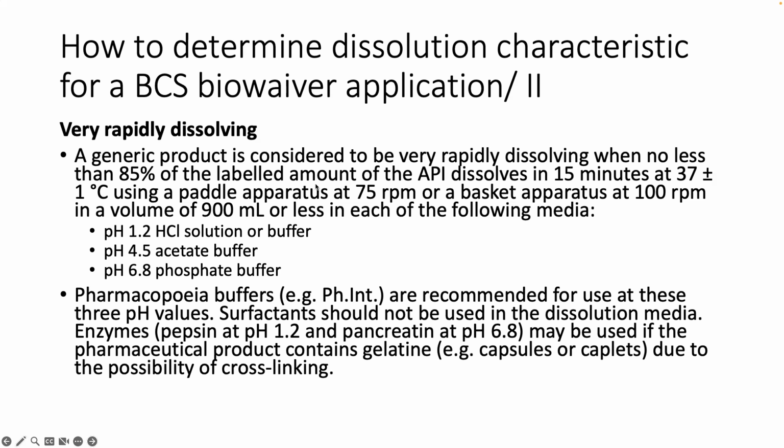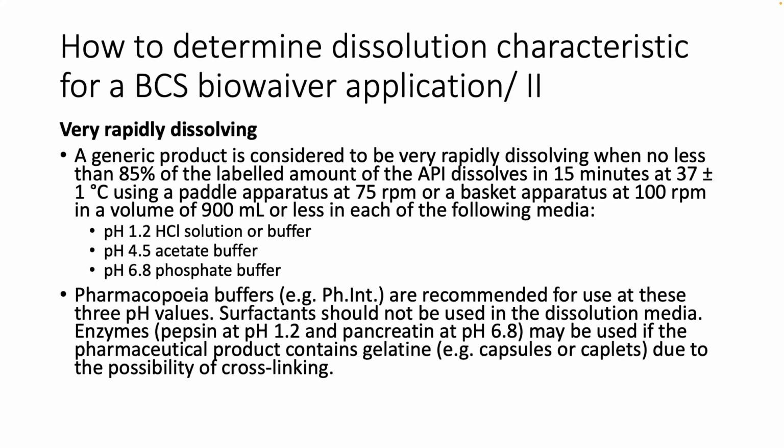So you test it at 75 rotations per minute in a volume of 900 mL or less in each of the following media. You do it at highly acidic, moderately acidic, and then at phosphate buffer, right? Once it is tested at all of these levels, you must have a minimum of 85% dissolution in 15 minutes.